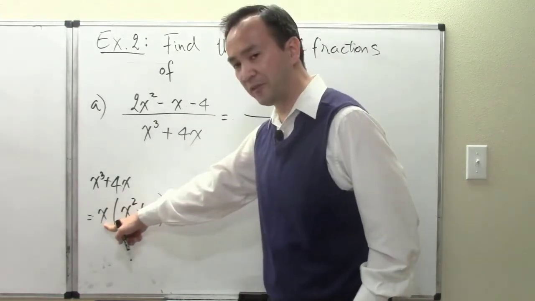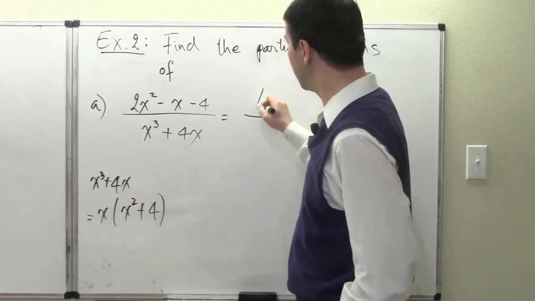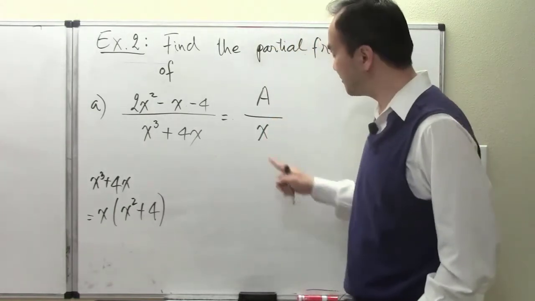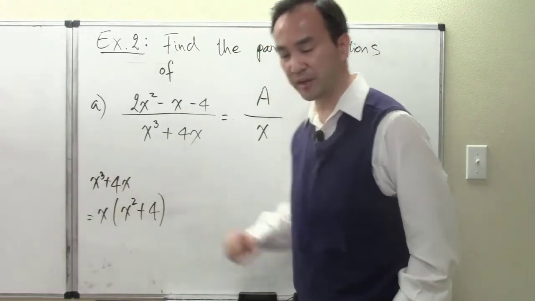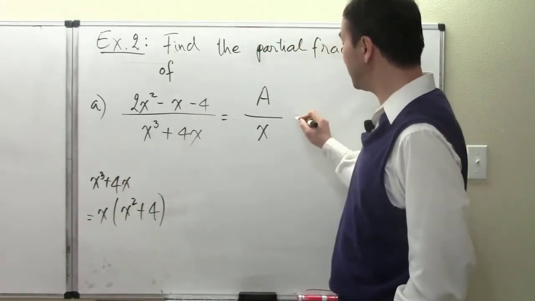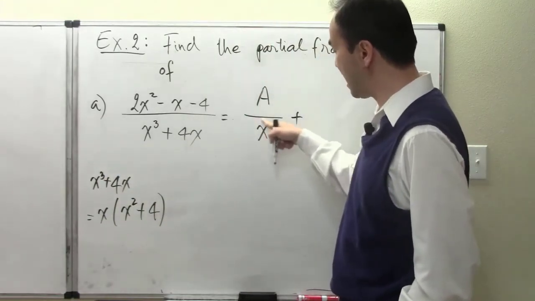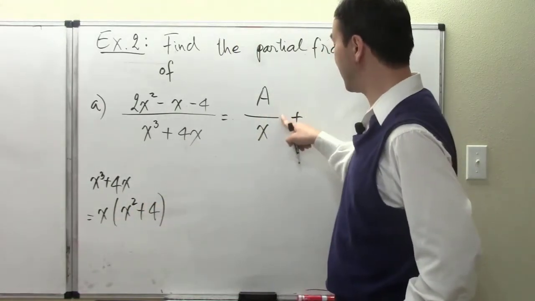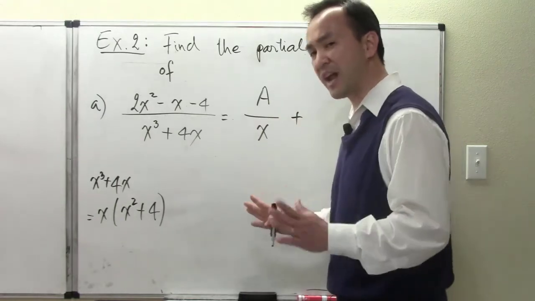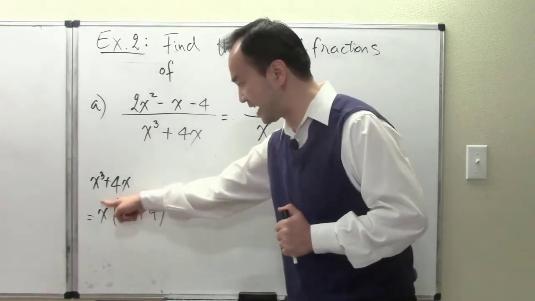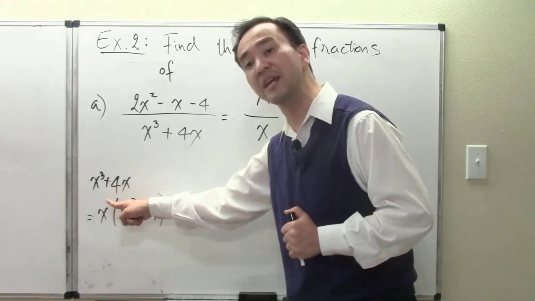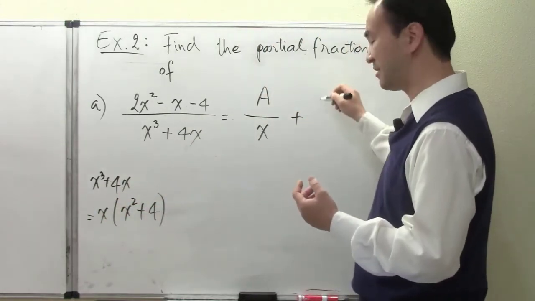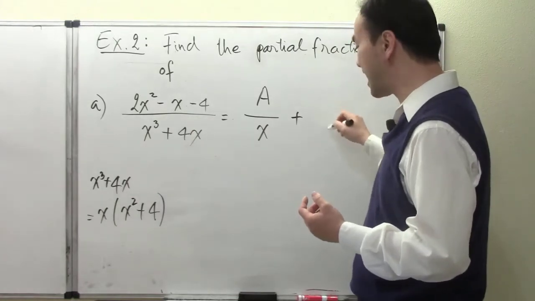I am going to need a coefficient on top of my linear factor in the factor product of the denominator. That's all I have for the linear factor. In case your linear factor is a repeated factor, you would need another constant over the x squared term.